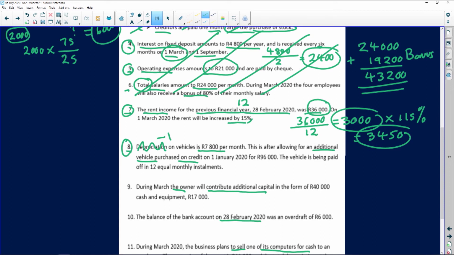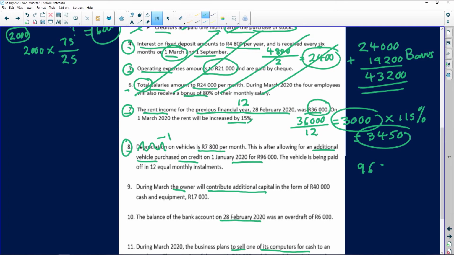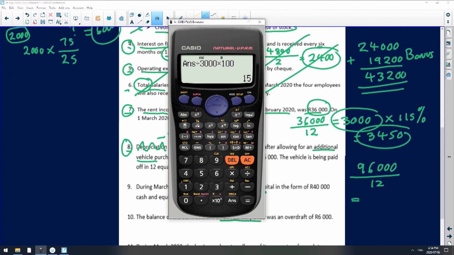So again, remember, in the cash budget, what is the physical cash leaving your bank account? You bought a vehicle on credit for 96,000. This money hasn't left your bank account. However, the installment is what you need to now show in your cash budget. So 96,000 divided by 12, our monthly installments, let's get the calculator out.